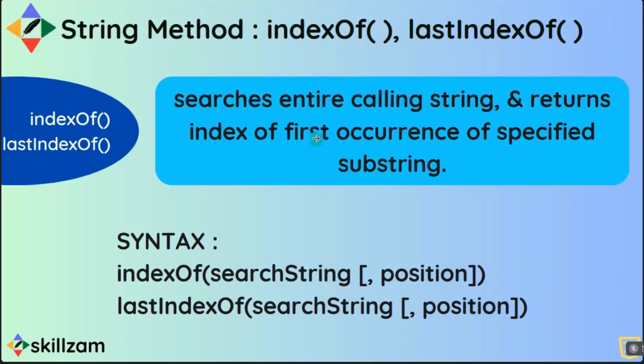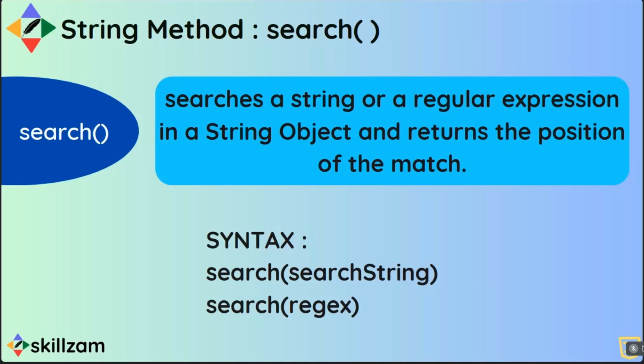Next one is called search. Search searches a string or a regular expression, or regex as we call it. Again, we'll visit that later. There is a good discussion that we can have about regular expressions and patterns.